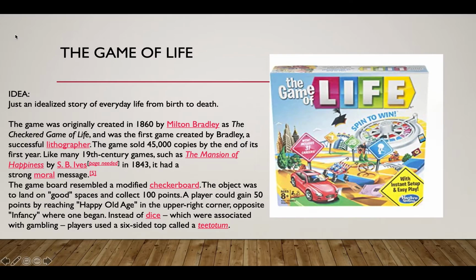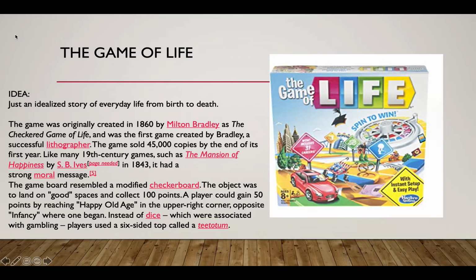But one thing that's interesting is that in the mid 1800s in the United States, the use of dice was considered morally questionable, because people associated them with gambling. So what happened was that Milton Bradley had you get the random number using a top called a teetotum.